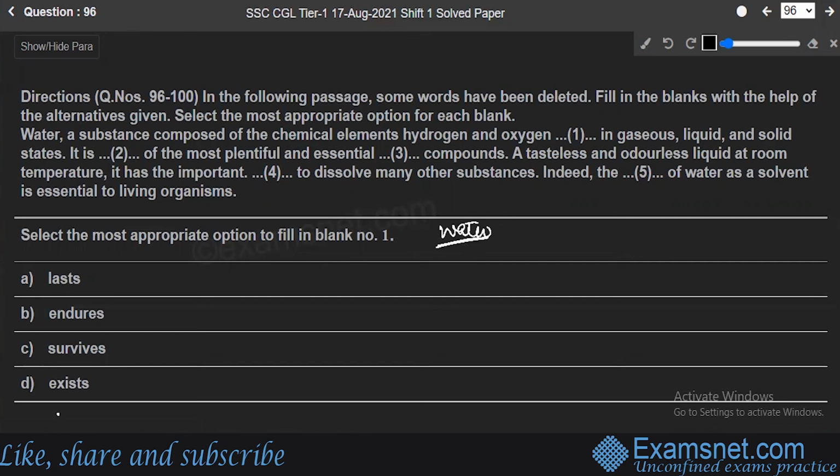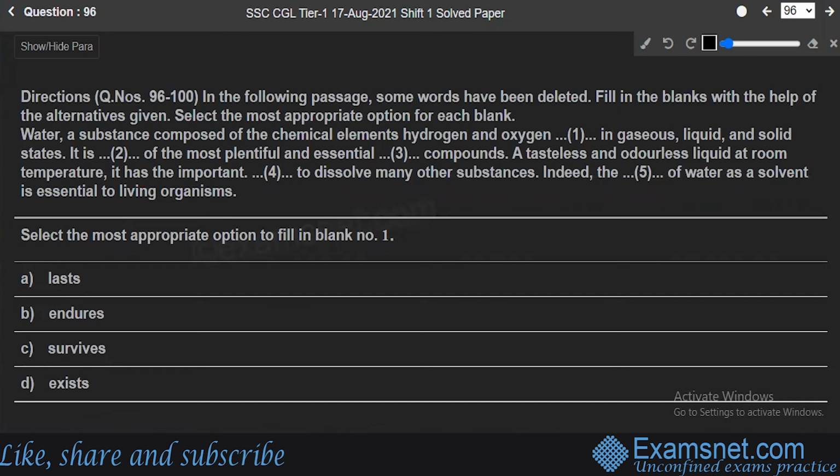So this exists is the correct one that should be filled over here. Water, a substance composed of the chemical elements hydrogen and oxygen, exists in gaseous, liquid, and solid states. It's not lasts, it's not endures, it's not survives, because they have different sets of meanings. Exist means that is there, that is real.